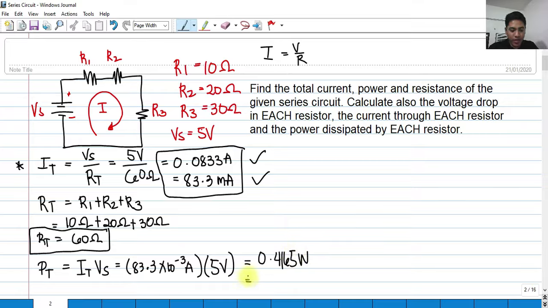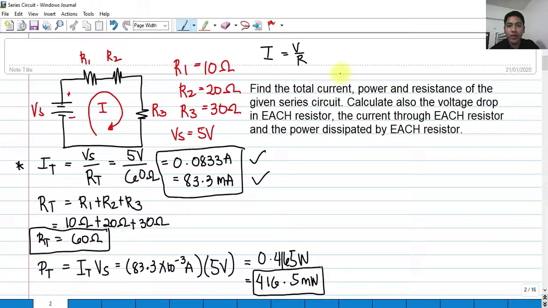Or in engineering notation, just press the ENG button in your calculator so that it would be converted into engineering notation. So 416.5 milliwatts or times 10 raised to negative 3 watts.